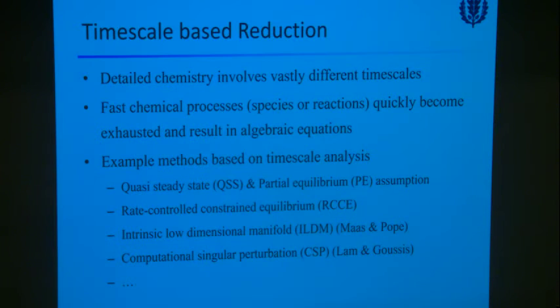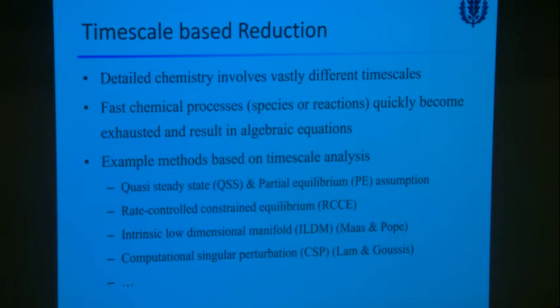That's why very few people use it. Although if you just write down one equation, one reaction on a piece of paper, they both look fine, right? And then there is the so-called rate-controlled constrained equilibrium method. This was developed by Professor Keck at MIT. So RCCE basically assumes those fast species all go to quasi-steady state.